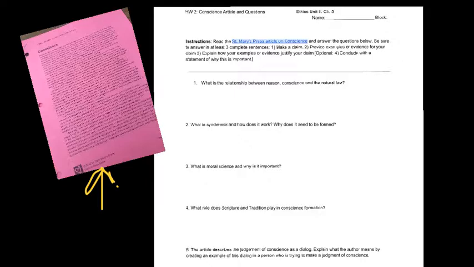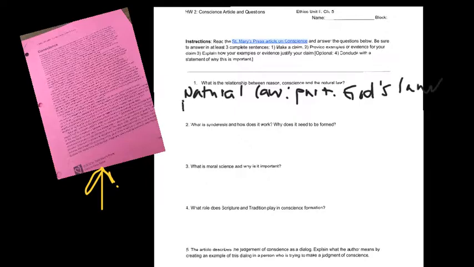Our first question is: what is the relationship between reason, conscience, and the natural law? The natural law is our participation in God's eternal law through the use of reason. I'm just going to put notes here for you, but you need to write in complete sentences.